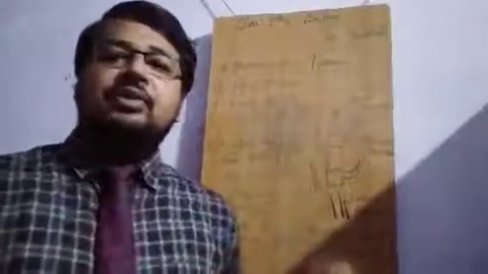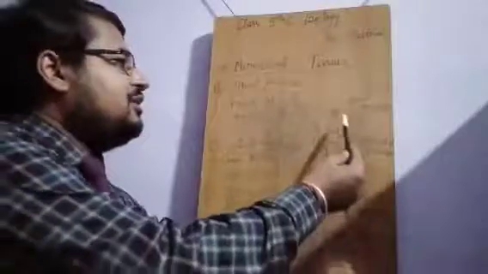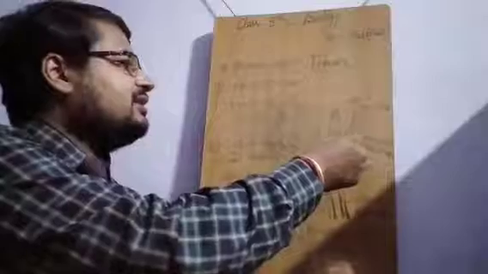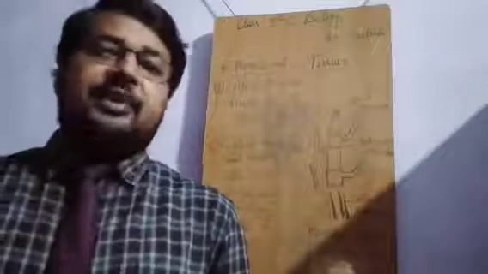Okay, so this is very important, that the intercalary meristem is part of the apical meristem, but when the plant matures, grows in size and shape, it gets separated and it starts functioning as a separate meristem, that is called intercalary meristem. So first we will come to lateral meristem.